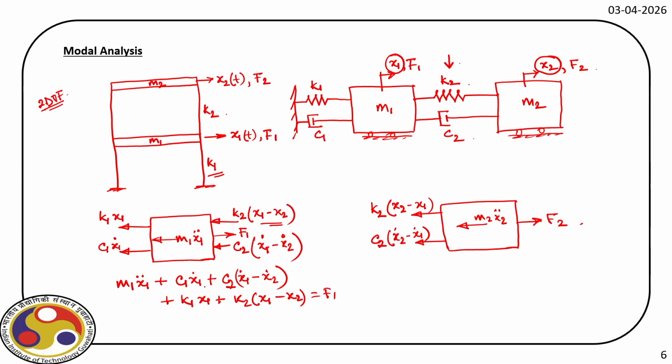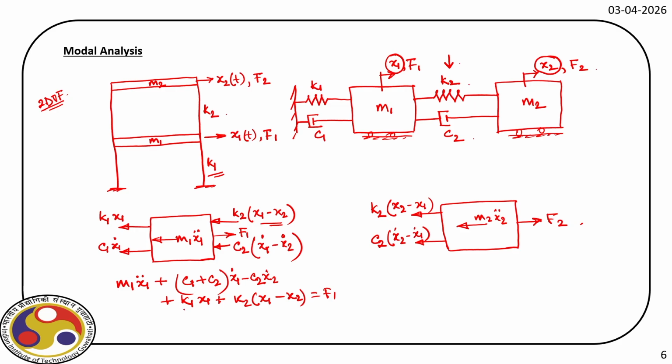So now you can see we have c1 x1 dot here and c2 x1 dot. So we can combine these two. So we can modify this as (c1 plus c2) x1 dot and then minus c2 x2 dot, right?